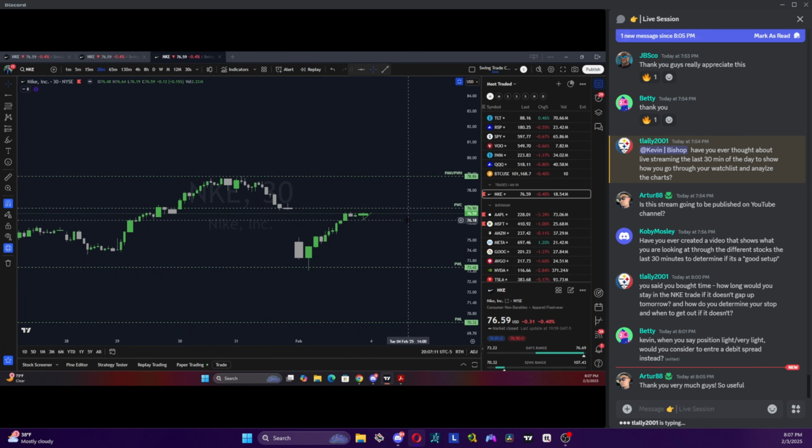And if it doesn't work out, usually the stock looks invalidated on the chart. So that's how I determine my stop. I place my trades where I can very quickly know if my trade is invalidated or not, instead of just trying to hold on and think, hey, it's still going to keep going.